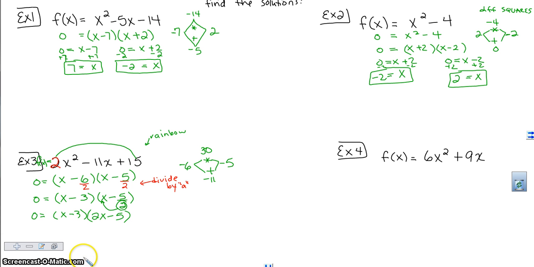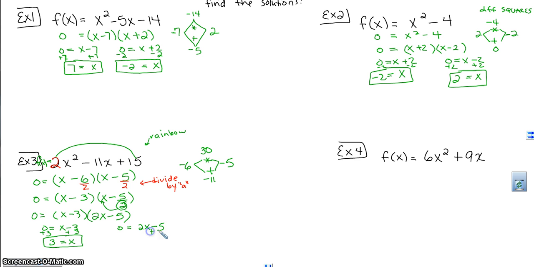Those are my factors. Now to get my x-intercepts, take each factor and set it to 0, and solve them individually. So I'm going to add 3 to both sides. So there's one x-intercept there, one solution.